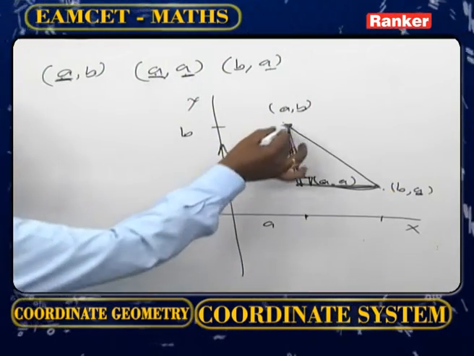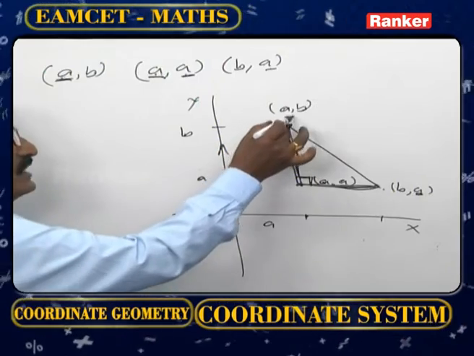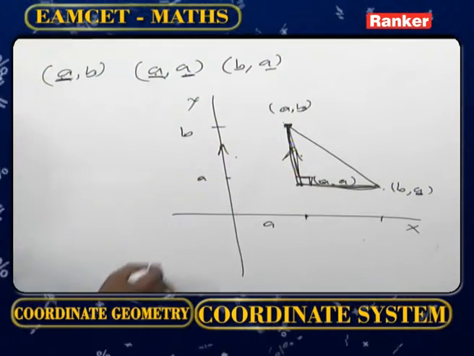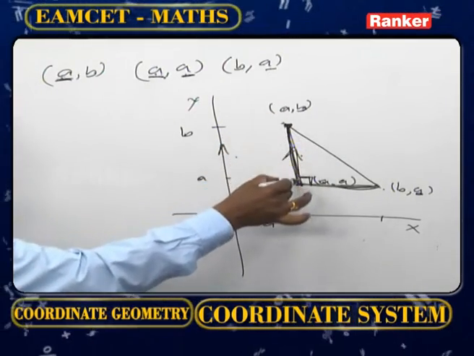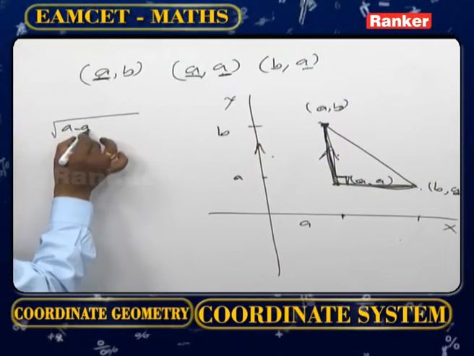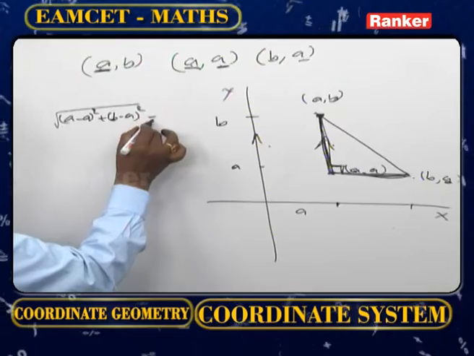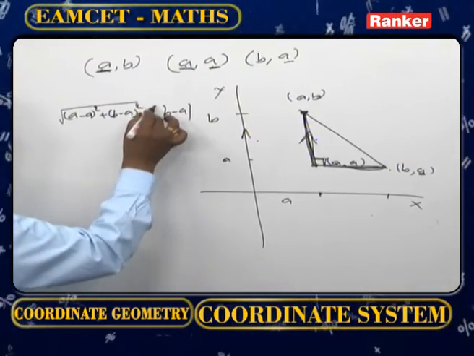Now it may be right angled isosceles also. Now the distance between a comma b and a comma a, the length of the side, equals square root of a minus a whole square plus b minus a whole square, that equals b minus a.